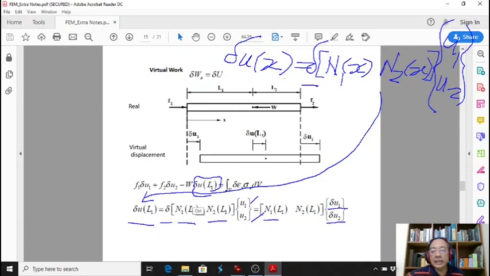We have no virtual for N1 and N2, since N1 of L1 and N2 of L1 are all shape functions. So this becomes virtual U1 and virtual U2.